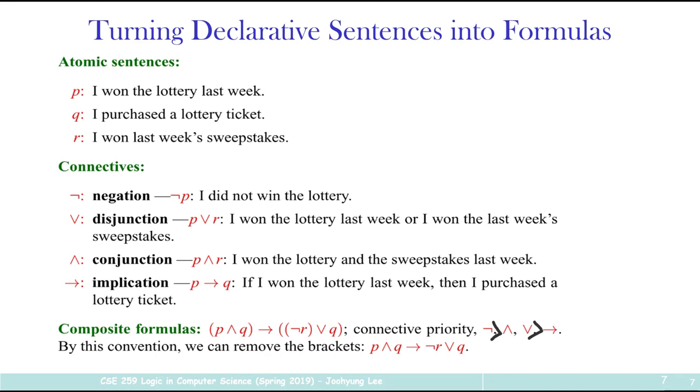So very lengthy sentences can be represented as a formula in this succinct way. There is also connective priority, where negation binds more tightly than conjunction and disjunction, and these bind more tightly than implication. Don't worry about this now. We are going to look at the syntax more carefully, and I will revisit this at that time.